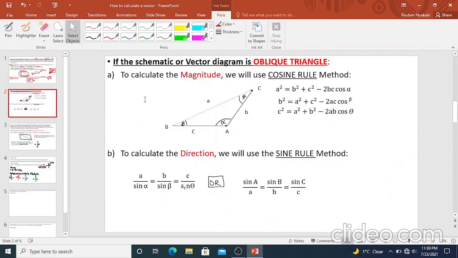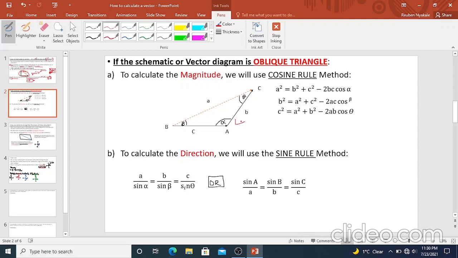Now, if the given statement, after you have translated it, gives you a triangle like this, we call it an oblique triangle or an obtuse triangle.